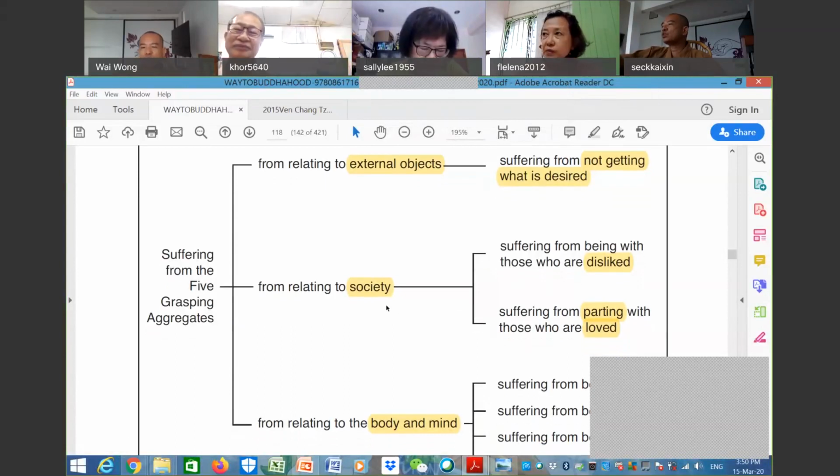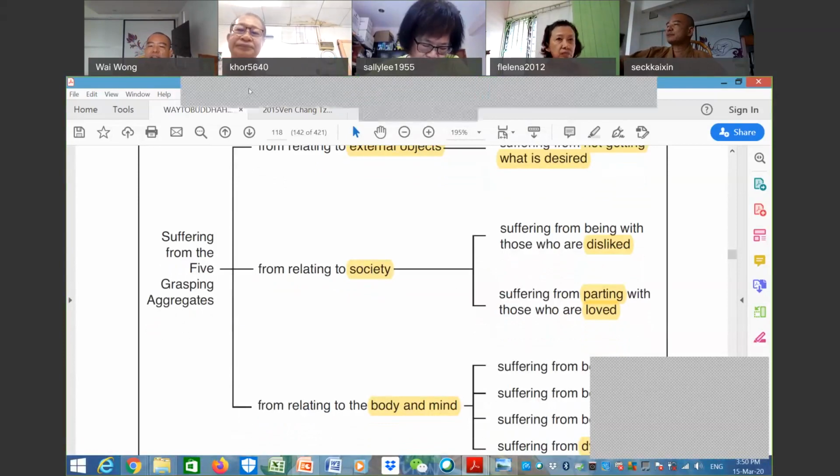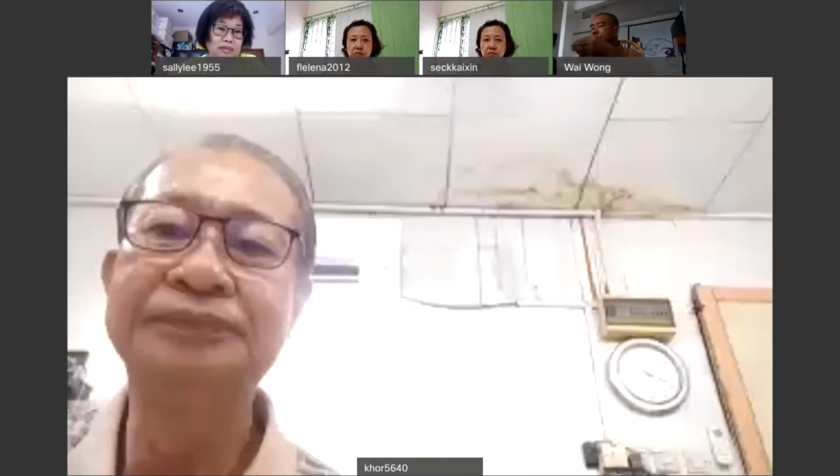Okay, now relating to society, suffering from being with those who are disliked, meaning we have to associate with somebody we don't like, especially in close relationships. For example, in the company, you can't sack your staff because you are not the boss, and you have to associate with him or her.